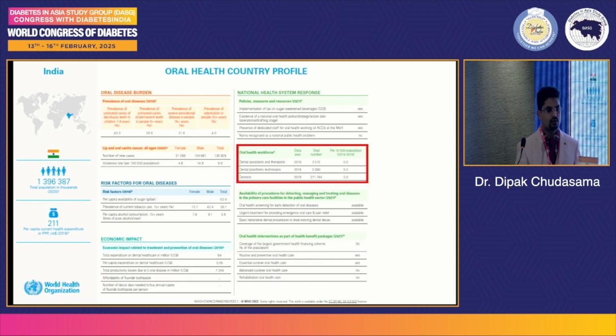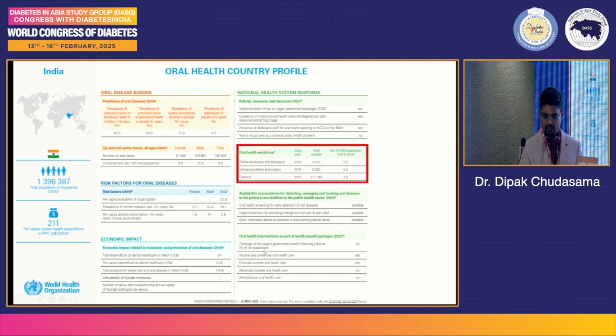This is WHO data of India, where we can see over here. In the policy, national health system response policies, the presence of the last one, whether it is recognized as a national public health program: no, it's not recognized as a national public health program.